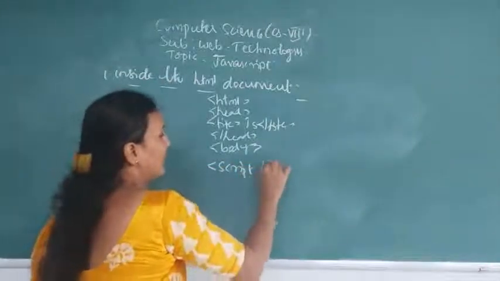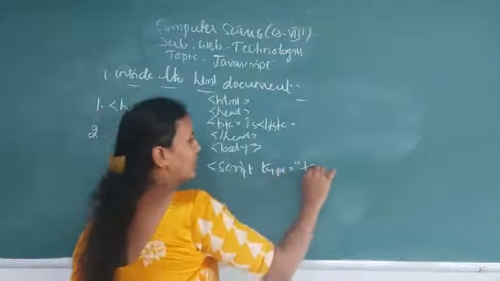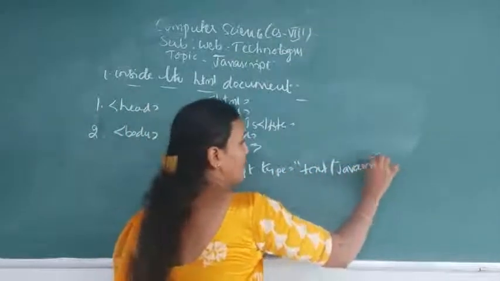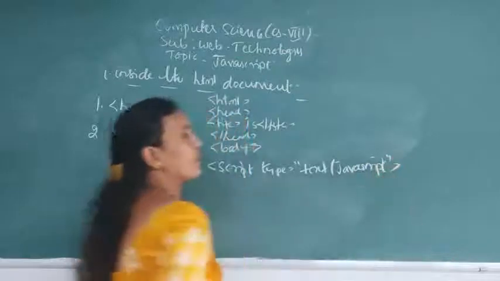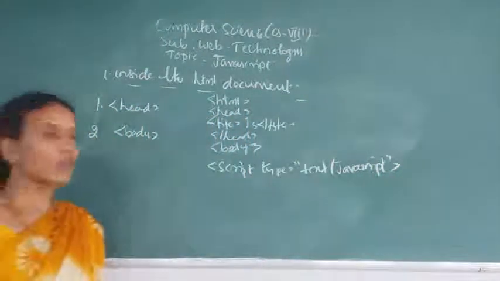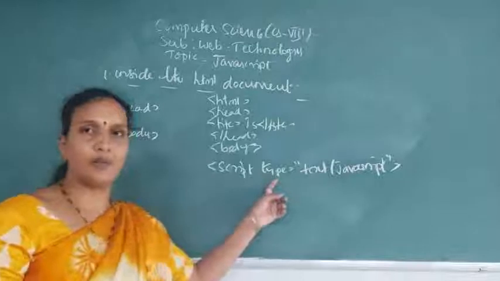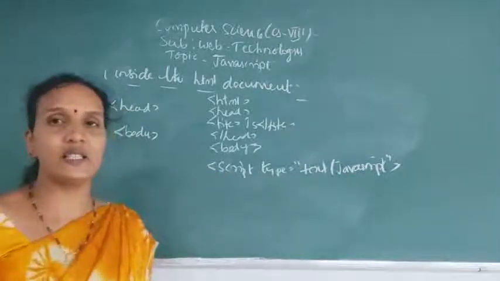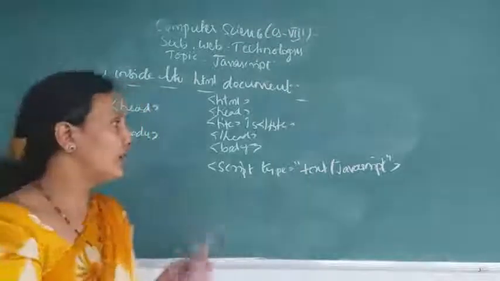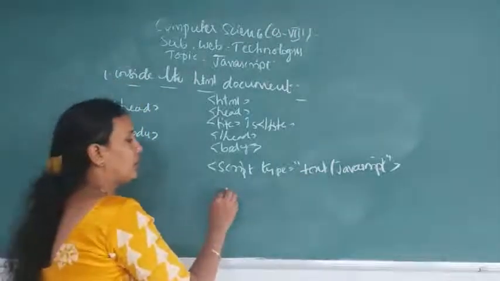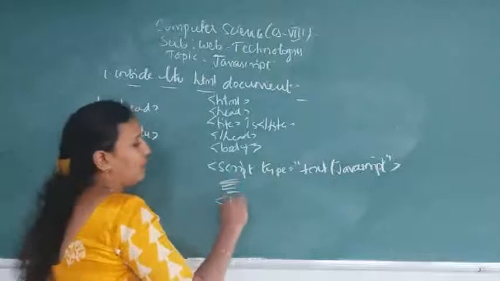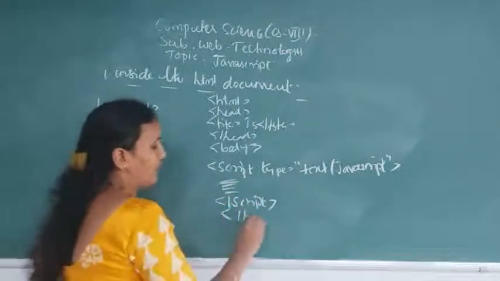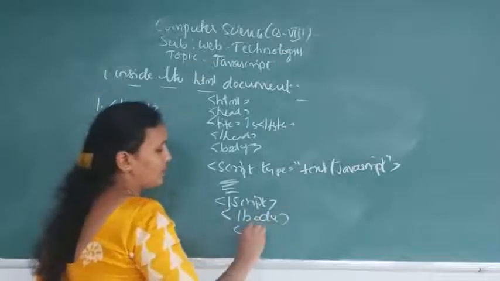Script type equals text/JavaScript. Okay, understood? Script is a tag. What is the use of this tag? You can include JavaScript inside the HTML. Right? Now, here I am writing JavaScript code. I am writing close script, close body, and close HTML.